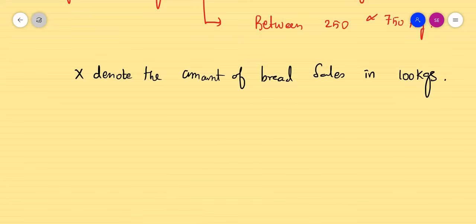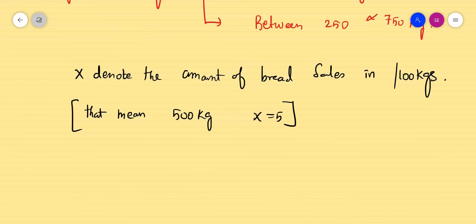Okay, so that means 500 kg, what do you say? X equal to 5, because you are taking in terms of 100 kgs. That is given in the question. Okay, is it clear, guys?